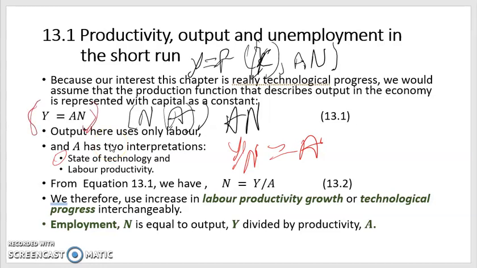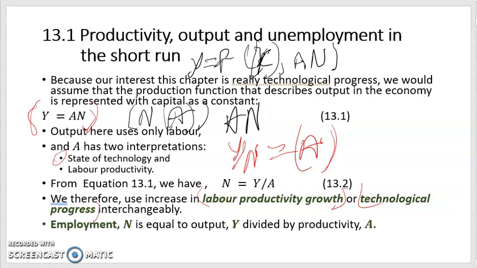So when referring to an increase in A, we can use labor productivity and technological progress interchangeably to mean the same thing, A.